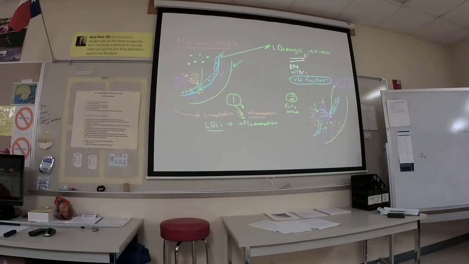Now, the end process of inflammation, we talked about this when we talked about the immune system, is the deposition of fibrin. So the third phase here is the development of a fibrous plaque. All this inflammation causes the deposition of fibrin. So we end up with a fibrin cap trying to enclose this big inflamed area.